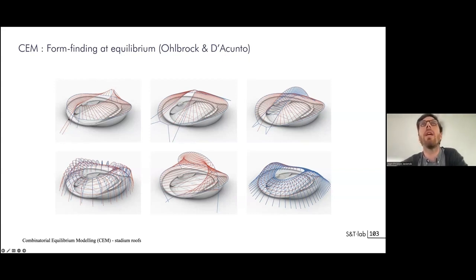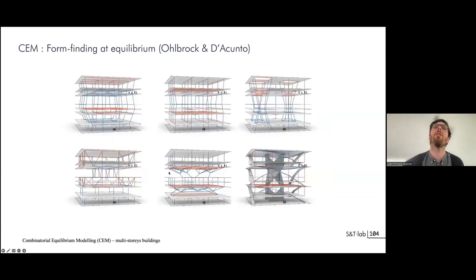And what you can see is that, for example, some of the solutions are inspired from known designers. You can see some Kenzo Tange inspiration, Calatrava, you have a bit of everything, but it's different kinds of solutions for the same problem.